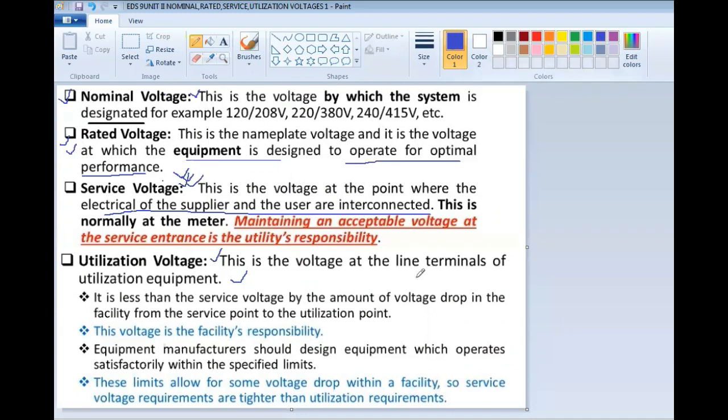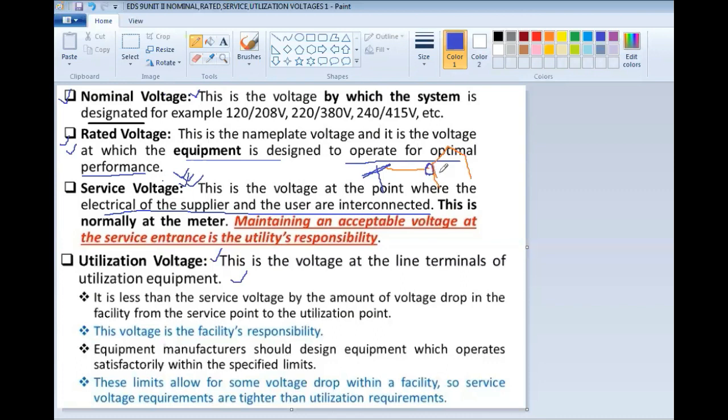Now, if you see, there is a pole in front of your home. From the pole, there is a wire called the service main connected, and here you have the house, and there is one point, the meter point.